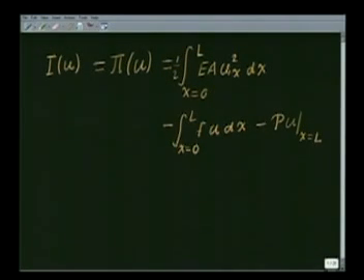As far as the solution to the problem is concerned, the solution u corresponds to a minimum of this potential pi.